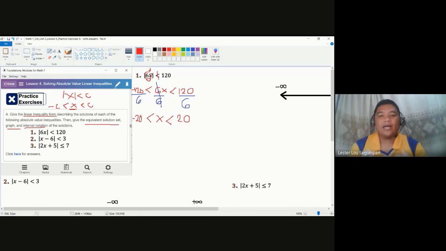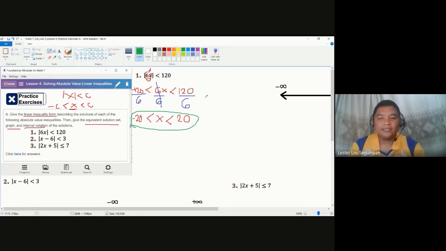So again, 6 times 19 is 114. And the absolute value of 114 is less than 120. And that would mean it's not acceptable if we stop earlier. And this is how we get the correct linear inequality form. I'm just making an emphasis right now.